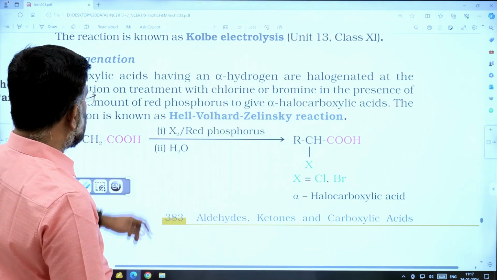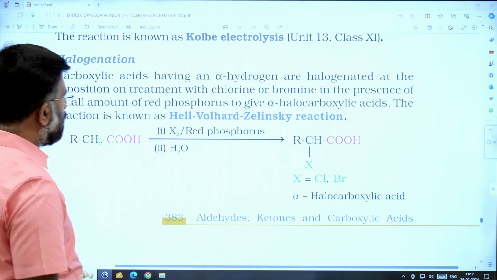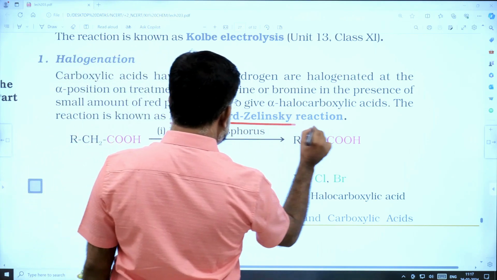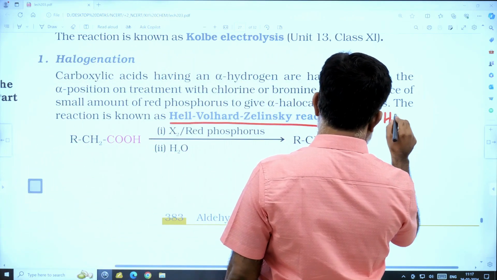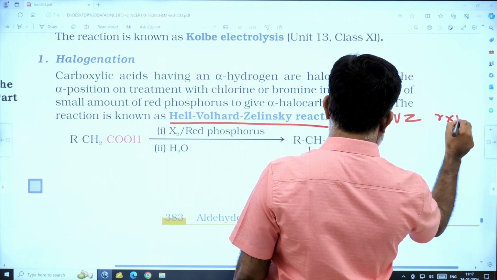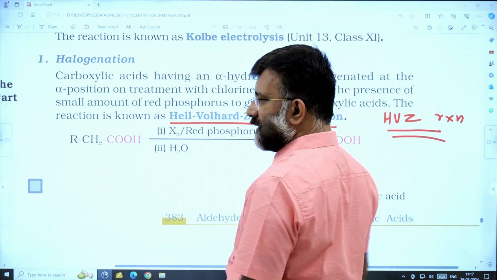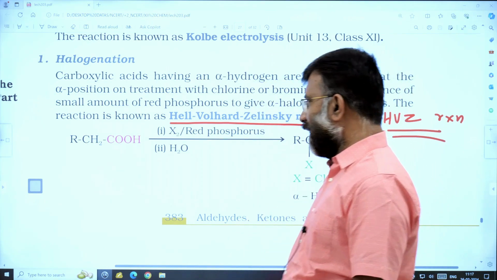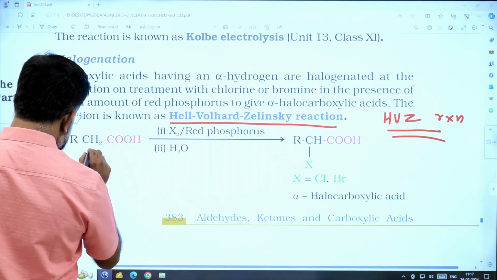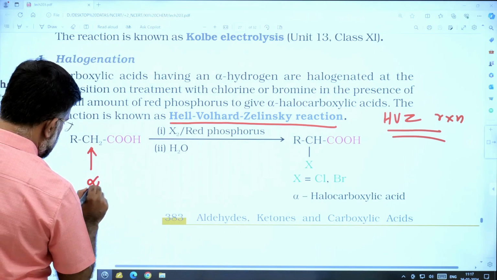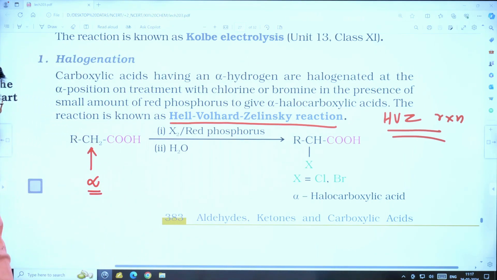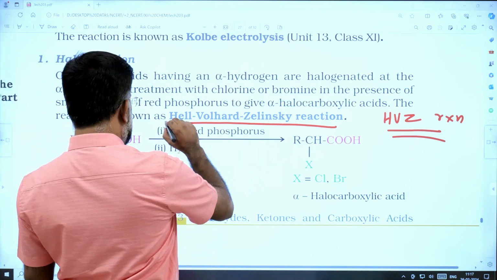And one of the very important reactions comes in the end portion of the chapter, the HVZ reaction, the Hell-Volhard-Zelinsky reaction. Those carboxylic acids which contain alpha hydrogen, the alpha hydrogen will be replaced by a halogen.